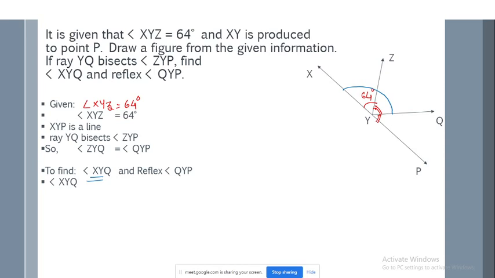Tell me when someone else also gets an answer. Siddhartha is saying that he is also getting 122 degrees. Geetika, what did you get? Ma'am, I'm still trying. Okay, try. Ashish is also saying 122. So most of you are agreeing on 122.